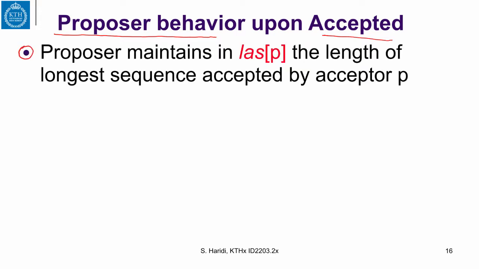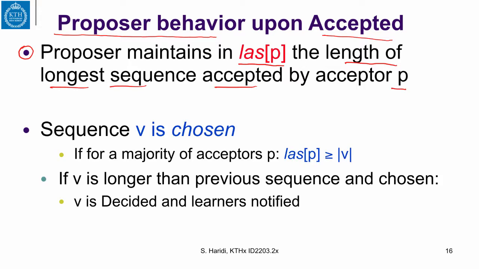So the proposer maintains an array or a map indexed by every process P, where P is an acceptor, and stores the length of the longest sequence accepted by that acceptor P. And a sequence V is chosen if, for a majority of acceptors P, the length of the longest accepted sequence for P is greater than the length of V. This means that a majority of acceptors accepted sequences that V is a prefix of.